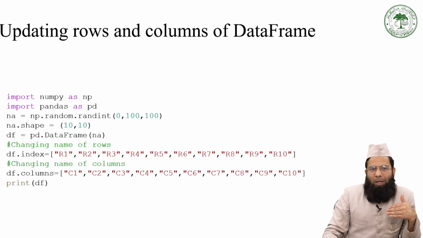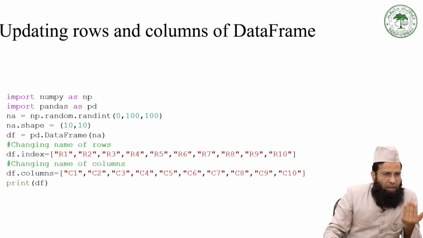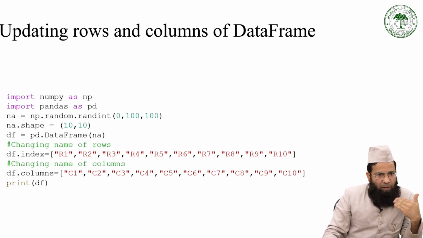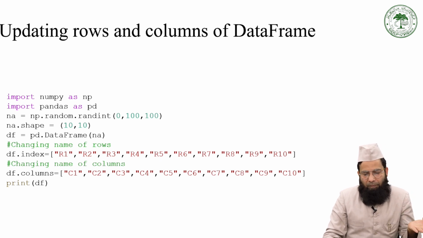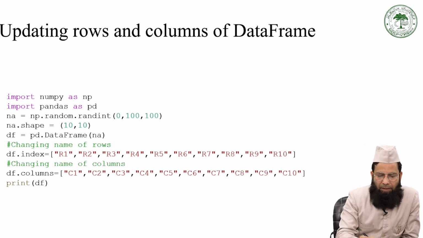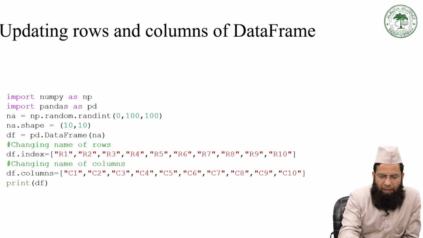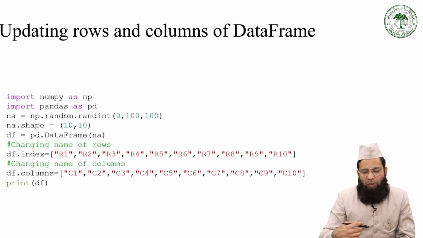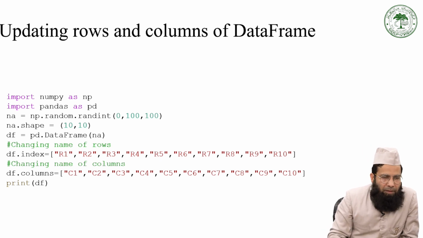And how to update rows and columns of a data frame? If we are not updating rows and columns, by default an index value would be created. In this case, I have created a data frame and I am utilizing the random integer function.